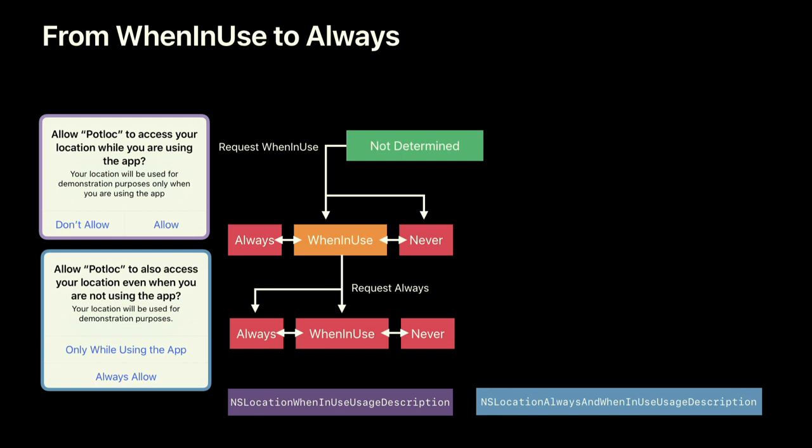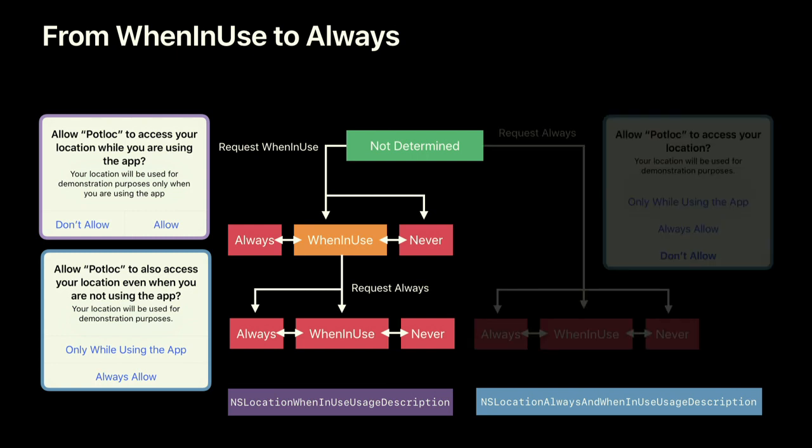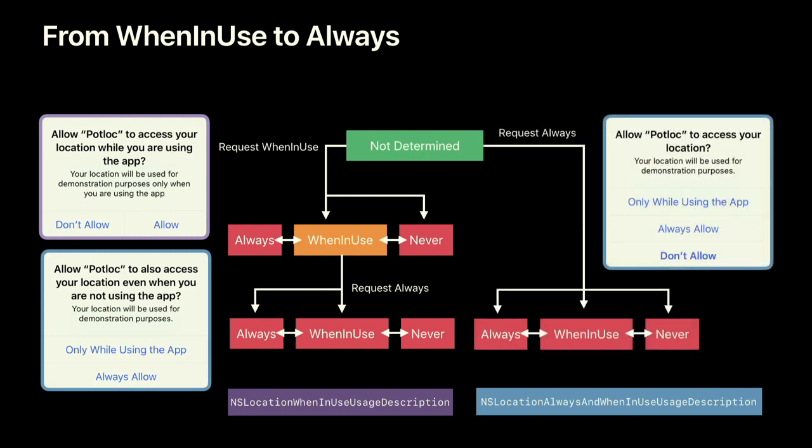So let's go back to the start. What if you had requested always authorization at the very beginning, right when your app launches, for example? The user will see this prompt. They'll see a when in use option, they'll see an always option, and they'll see a don't allow option.